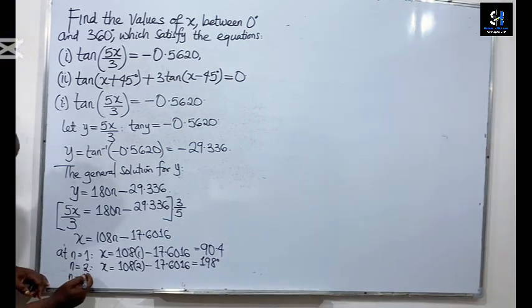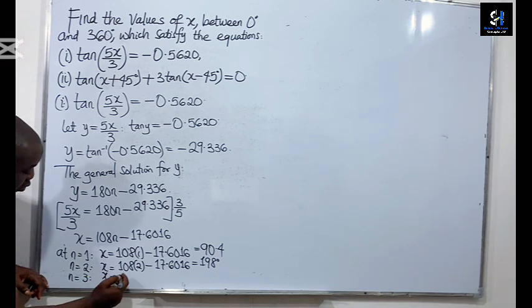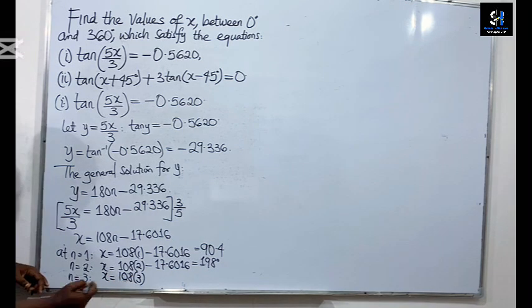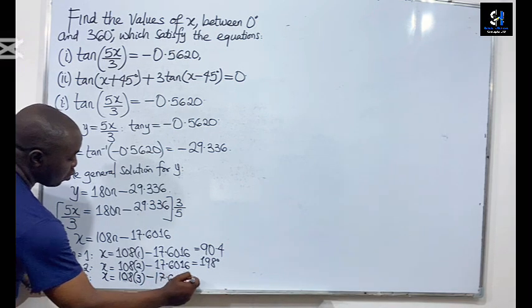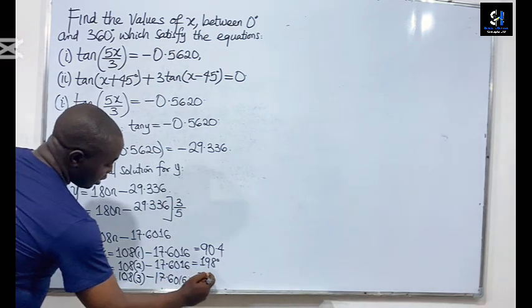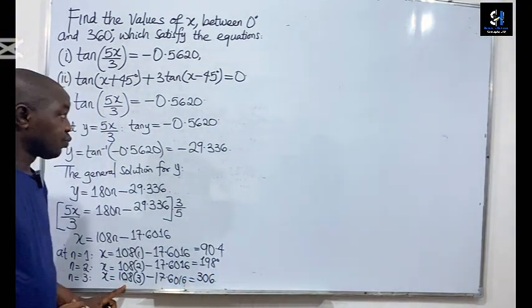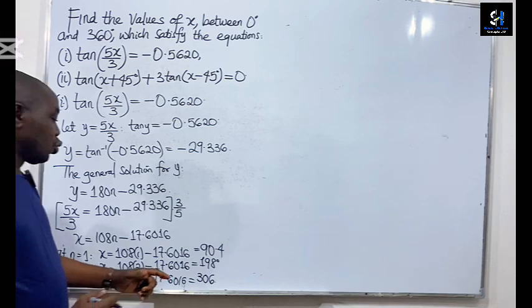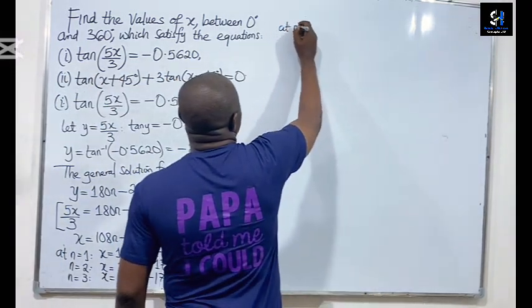Now when n is equal to 3, x will be equal to 108 multiplied by 3 minus 17.6016, and this will be approximately 306 because 108 times 3 gives us 324. Let's test one more value.